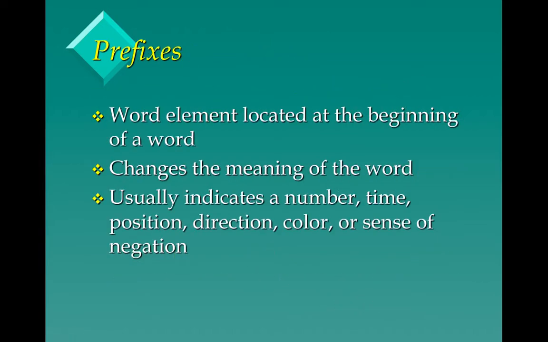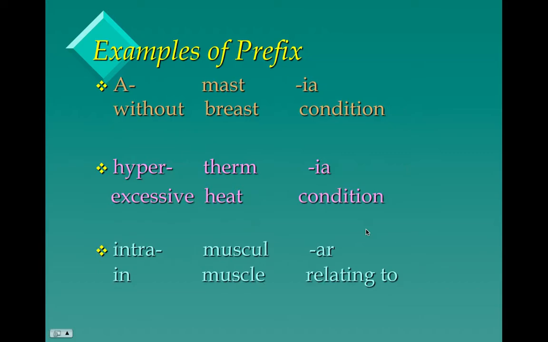Prefixes: pre means before, so it's the part of the word that's at the beginning. It usually changes the meaning of the word, and can indicate number, time, position, direction, color. Here are some examples. A usually means without. So mast means breast, ia is condition. So amastia means without a breast condition.